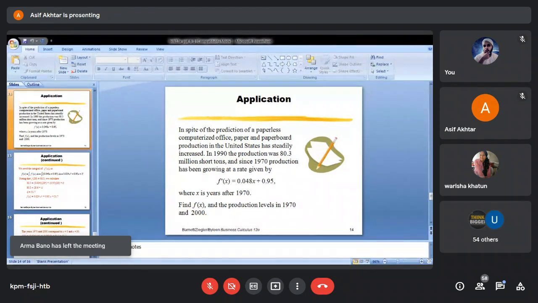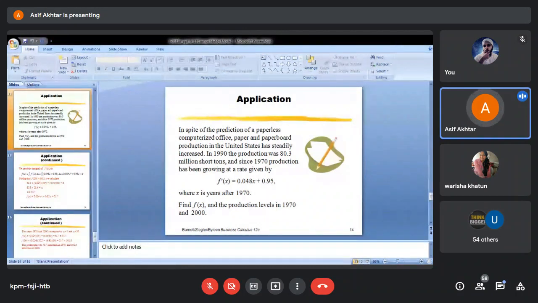So the question is all about the production process of paper and paperboard. And what is given? It is given that from 1970, there is an increase and it is growing by following this function f dash x is equal to 0.048x plus 0.95. Where what is x given here?